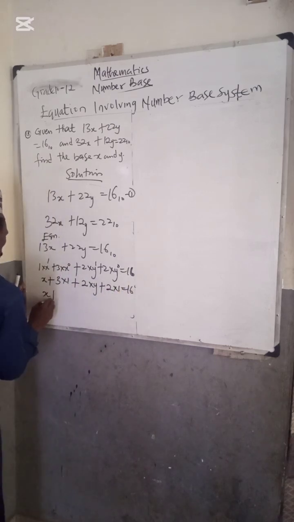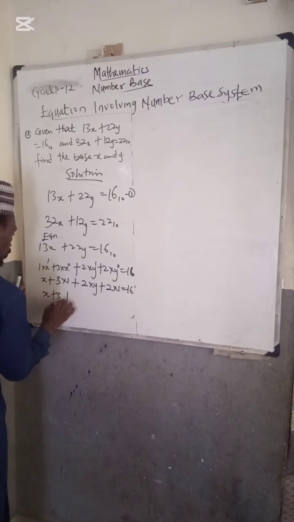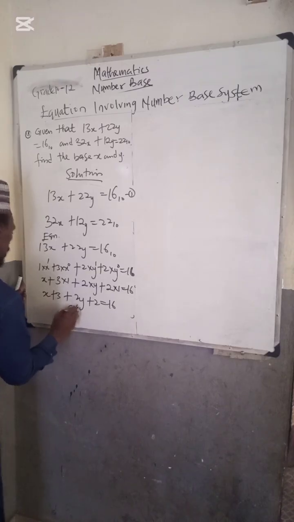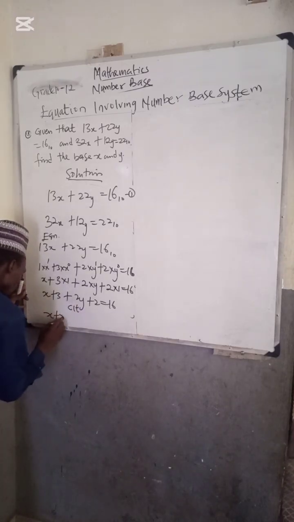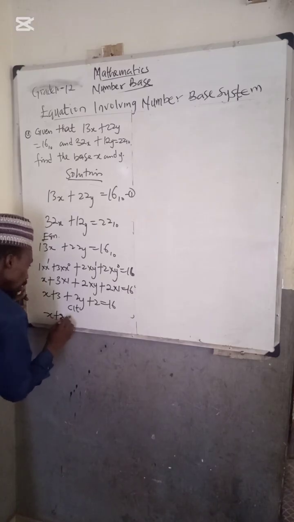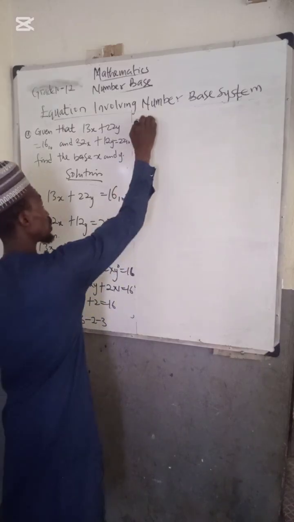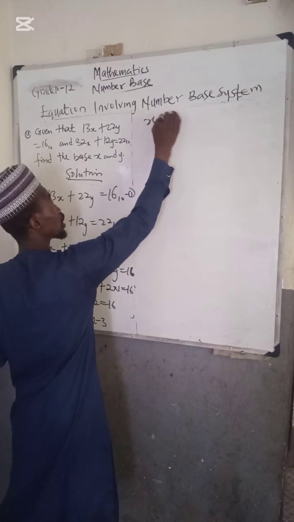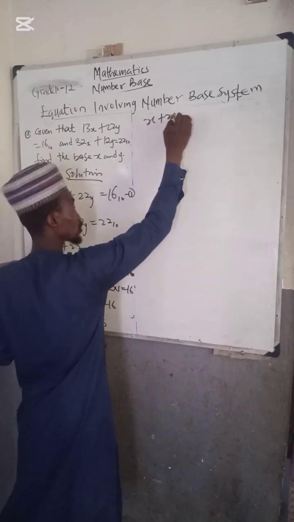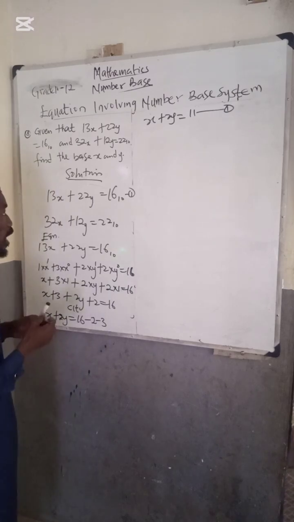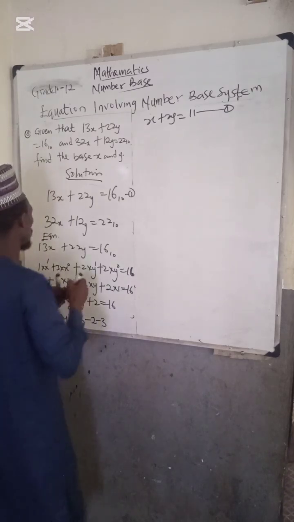So we have x plus 3 plus 2y equals 16. Then x plus 2y is equal to 16 minus 2 minus 3, that is minus 5. So x plus 2y equals 11, equation 1.